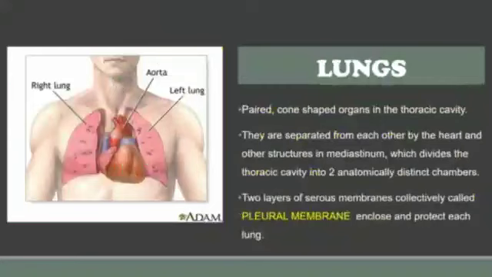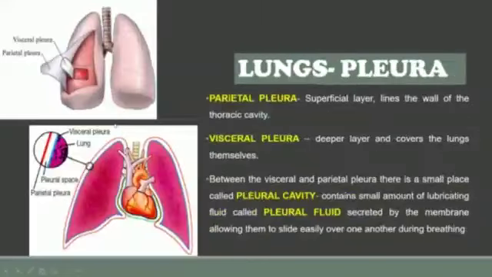So just to say, lungs are paired cone-shaped structures and they are separated by the heart and other structures of the mediastinum. Each lung is covered by two membranes called pleura. The outer membrane you call parietal pleura, and the inner membrane you call visceral pleura. The parietal pleura will line the wall of the thoracic cavity, whereas the visceral pleura covers the lung itself.